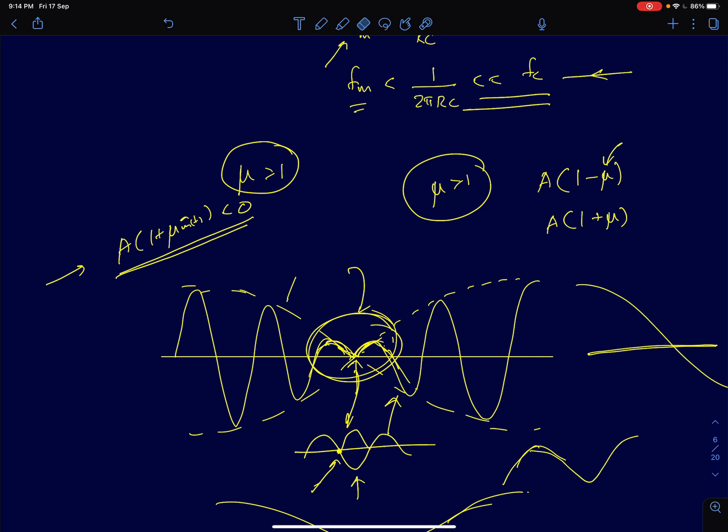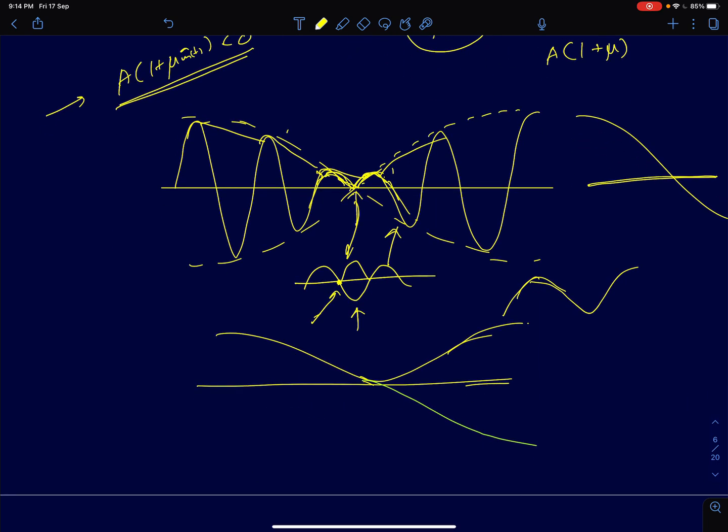Now if I pass this signal through a diode detector, remember it's only going to detect the peaks. So it will simply track the peaks, and instead of generating a signal which is shown here, it's going to generate a signal which is not exactly the input signal.